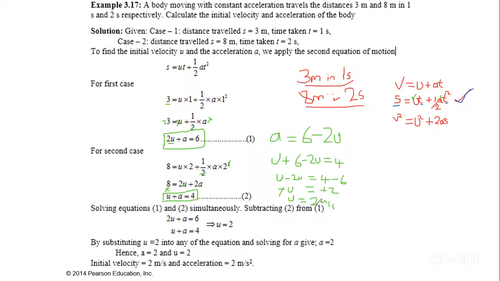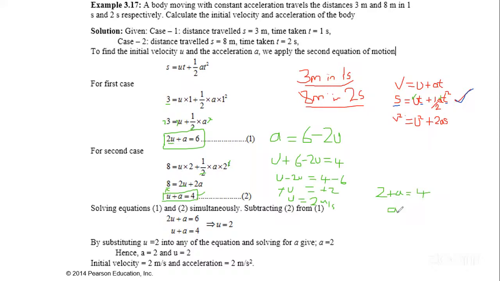Now, I know that u is 2 meters per second. I can pick any of the equations and substitute. So let me just use this. If I substitute u equals 2, that will give me 2 plus a is equal to 4.